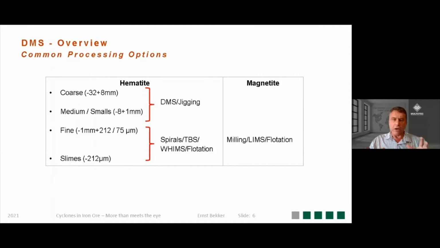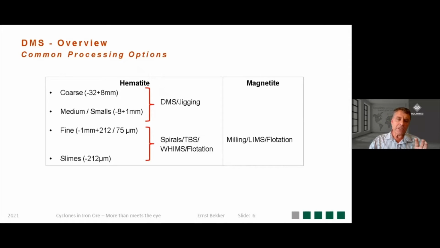In this example, I divided it mainly into a DMS and a hydrocyclone environment, but hematite and magnetite are the two predominant ore bodies that are being focused on over the world. With hematite, coarse and medium sections are normally treated via dense media separation or jigging.